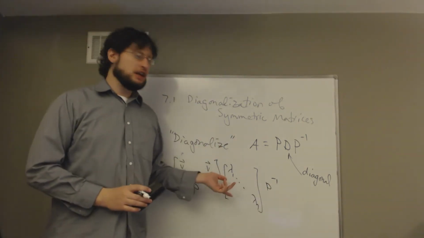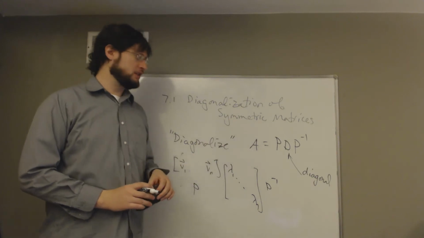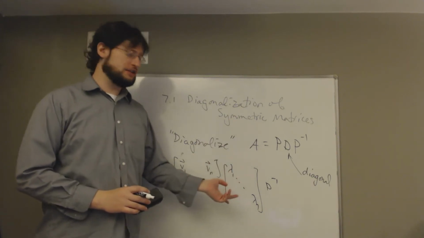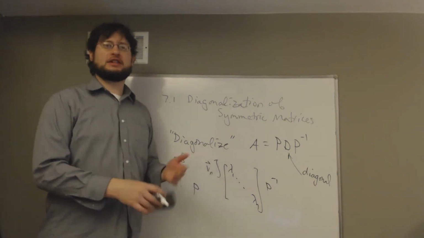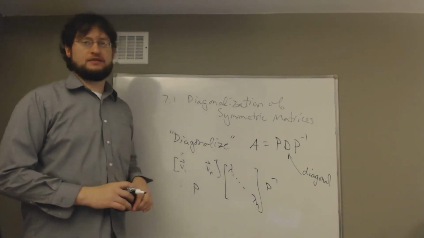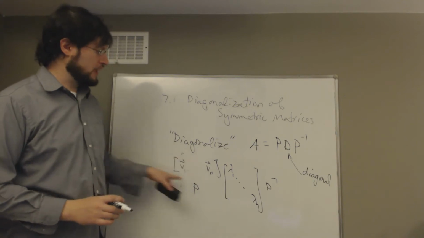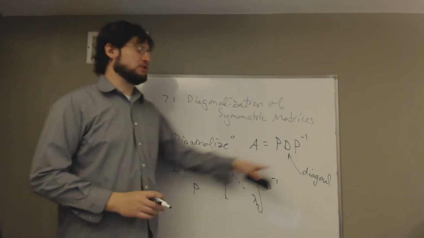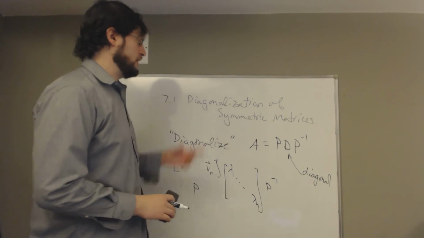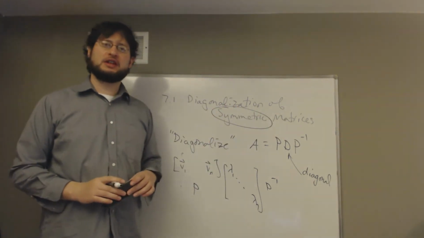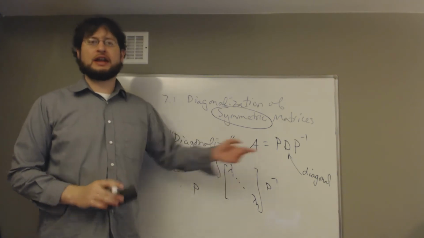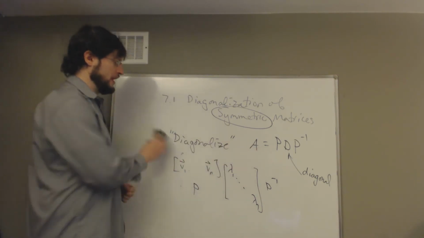That's the process. Not every matrix is diagonalizable, because we may have a matrix which does not have n linearly independent eigenvectors, in which case P would not be an invertible matrix, so I can't get the P inverse. However, we're going to see that if we use a symmetric matrix, we can always do this, and actually we can even do better than that.